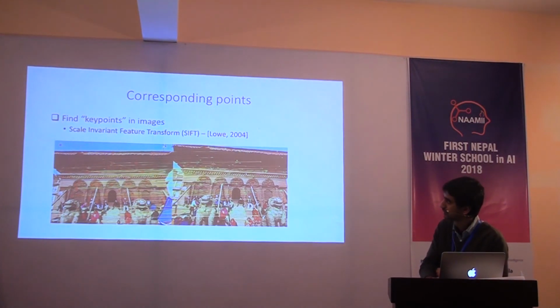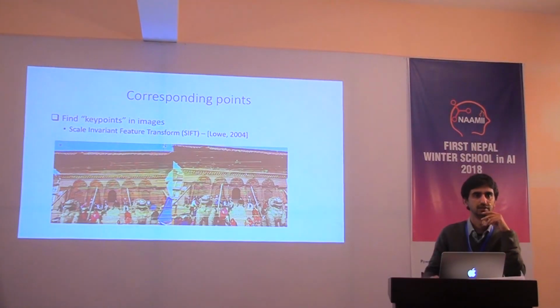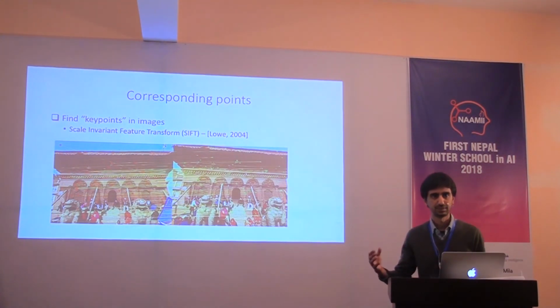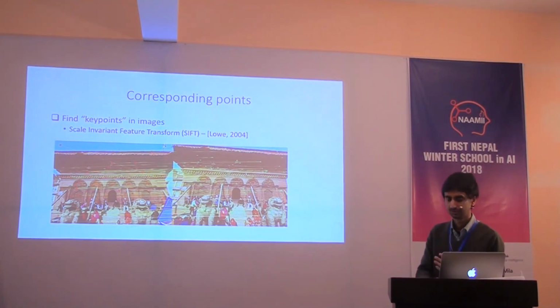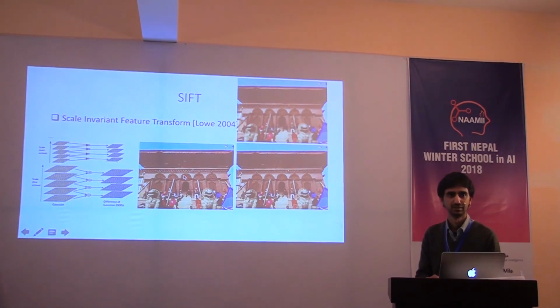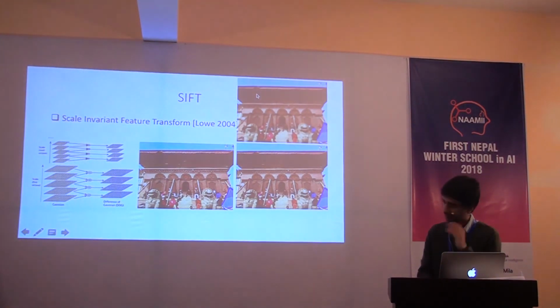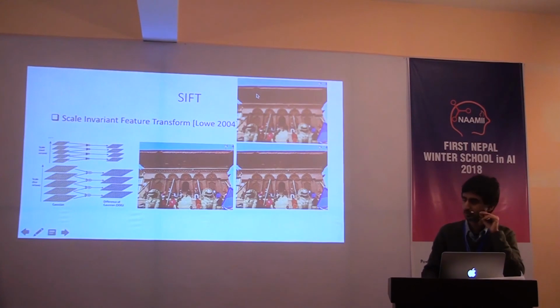So SIFT is a handcrafted feature extraction. So what you do is you go through a series of steps on the image. So first you take an image, and then you apply Gaussian filters. So basically you're blurring in different scales. So many scales.